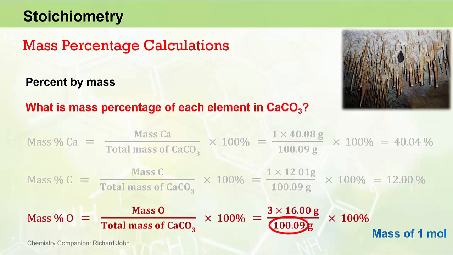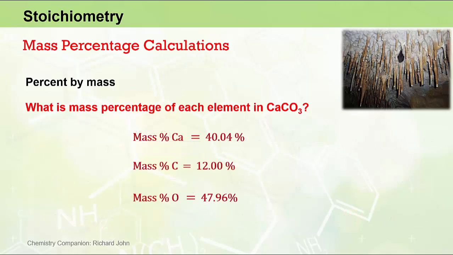When we plug those values into our calculator, we get the number 47.96%. So we've got mass percentages for calcium, carbon and oxygen being 40.08%, 12.00% and 47.96% respectively, which comes to a total of 100%.